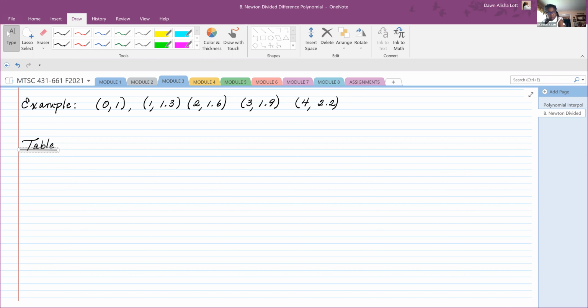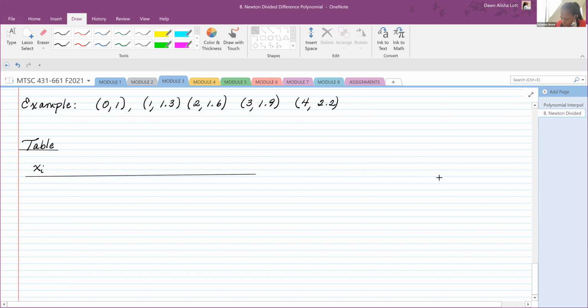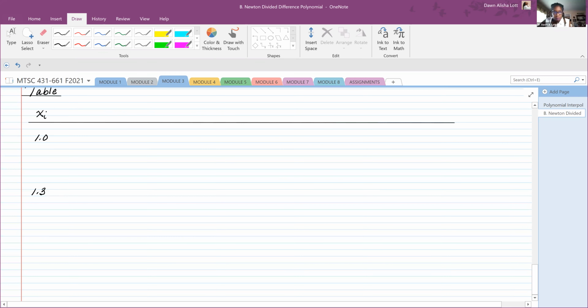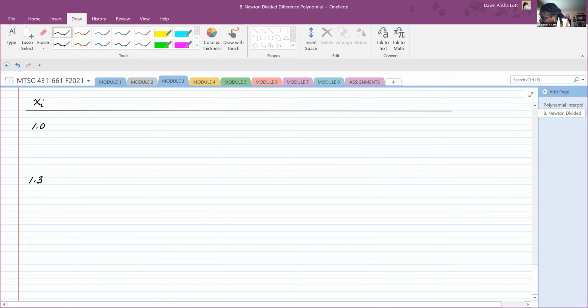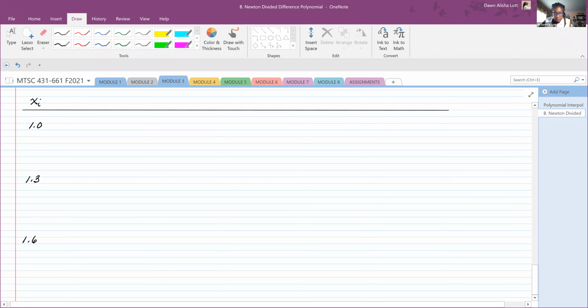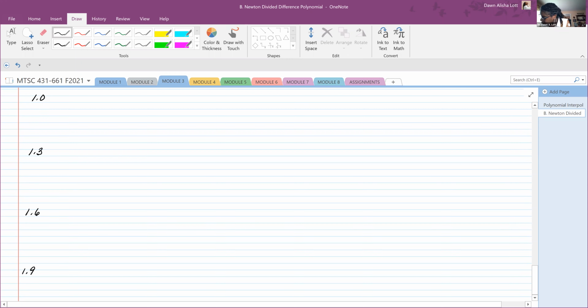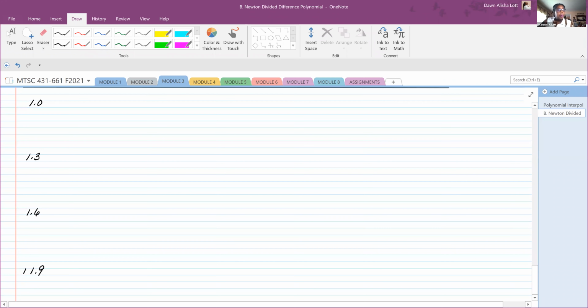So the table for our example is we have Xi, and our Xi's are 1.0, 1.3, 1.6, 1.9, and then 2.2.